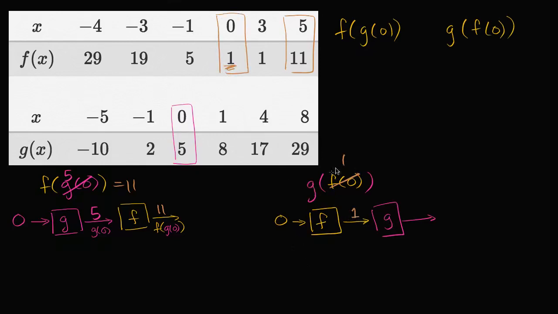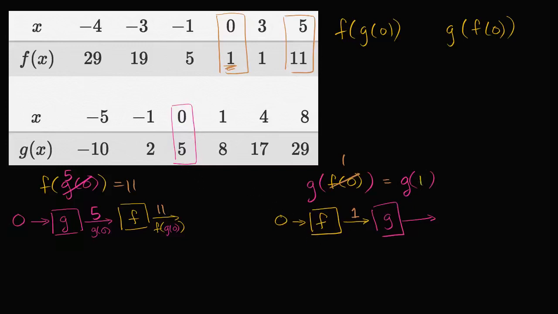We're now evaluating g of 1. I wrote those parentheses too far away from the g. This is the same thing as g of 1, because once again, f of 0 is 1.